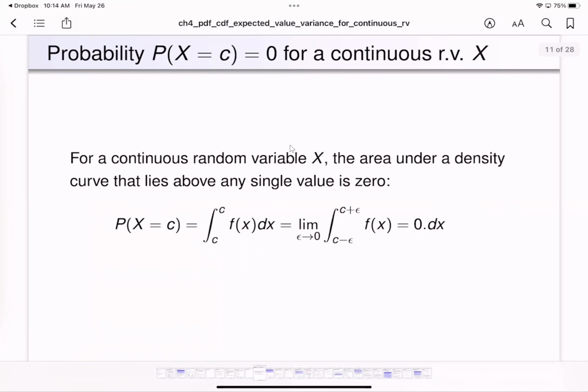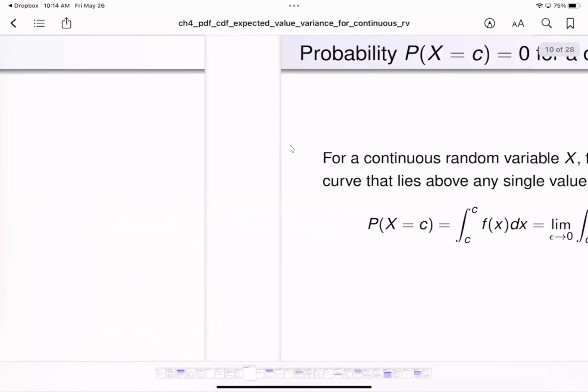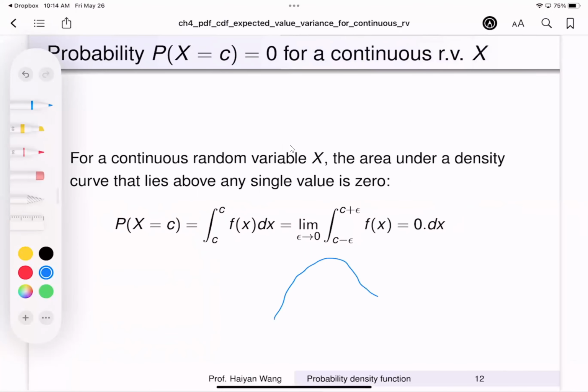So when we integrate it, imagine you have the density curve here, and you have a c here, and when you try to integrate it, you are simply looking at an extremely small interval. This integration is the area under the curve.